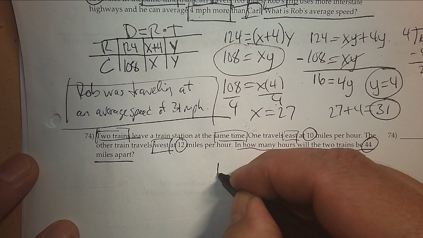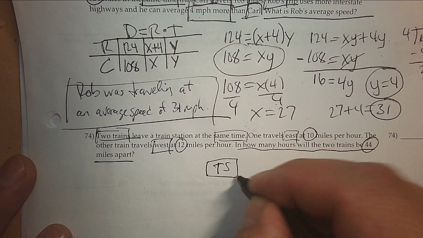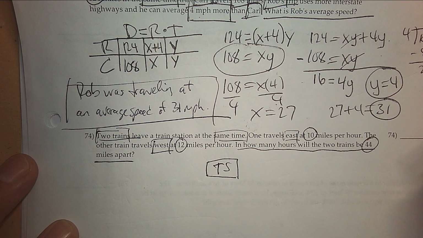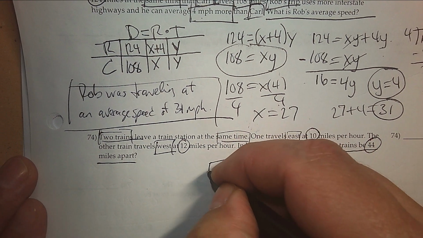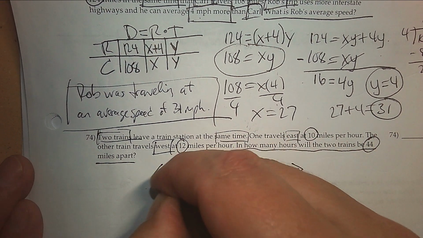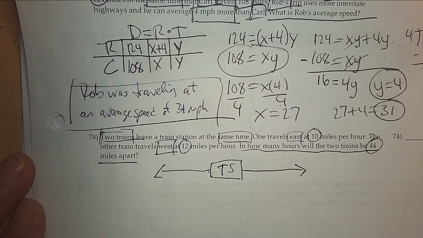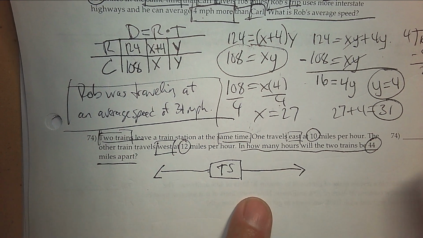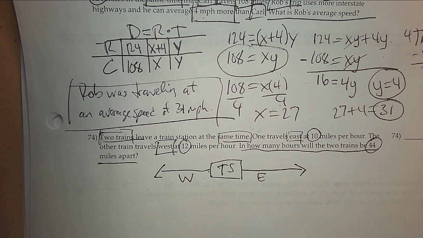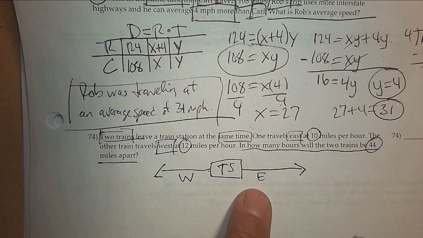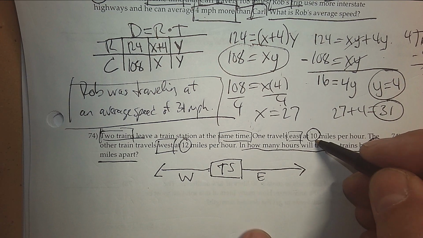If this is the train station, when one is traveling east, they're going this way. And when one's traveling west, they're going which way? So the one that's going east compared to the one that's going west. The one that's going east, how fast are they going?